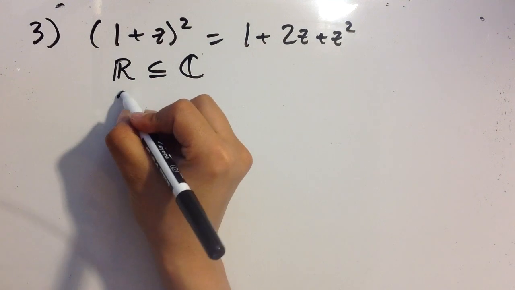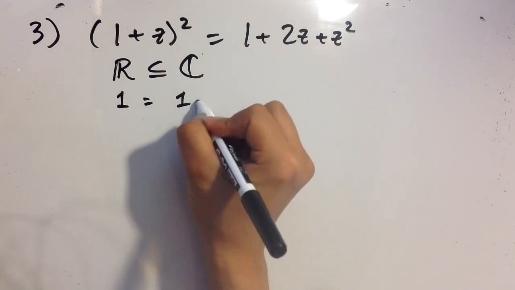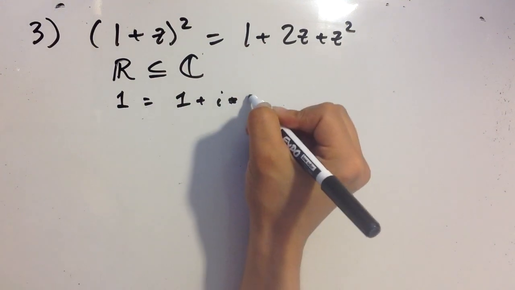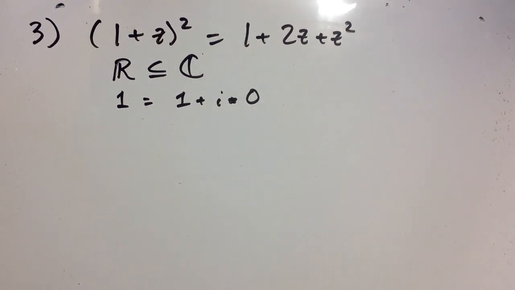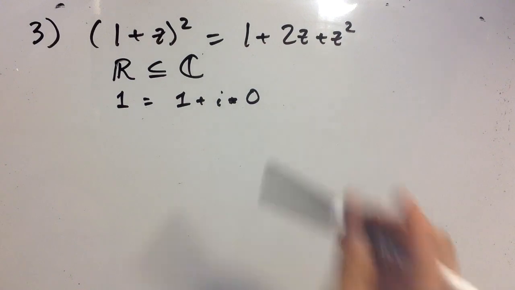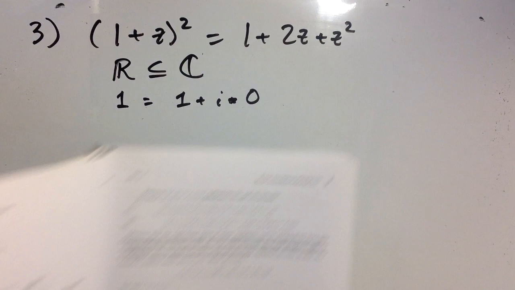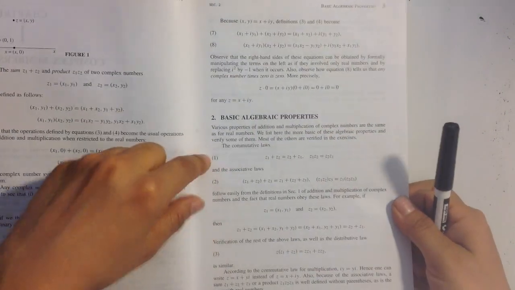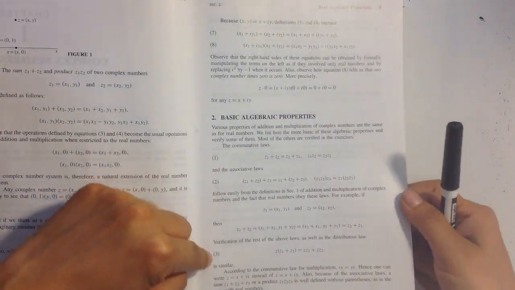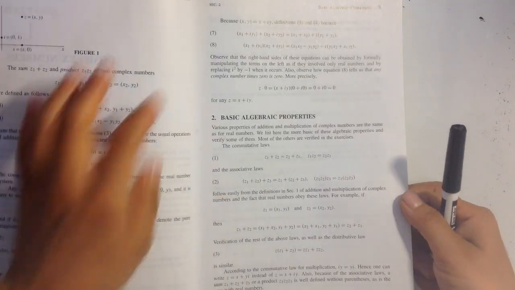So, for example, 1 can be written as 1 plus i times 0. So 1 is technically a complex number as well, with imaginary part of 0. So our rules of arithmetic that are given to us, say on the page by equations 1, 2, and 3 in section 2.